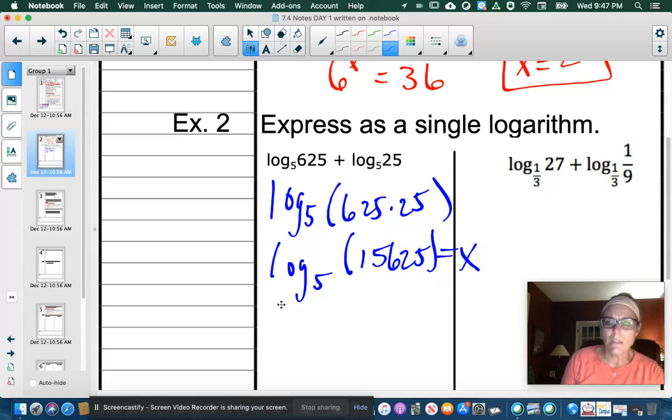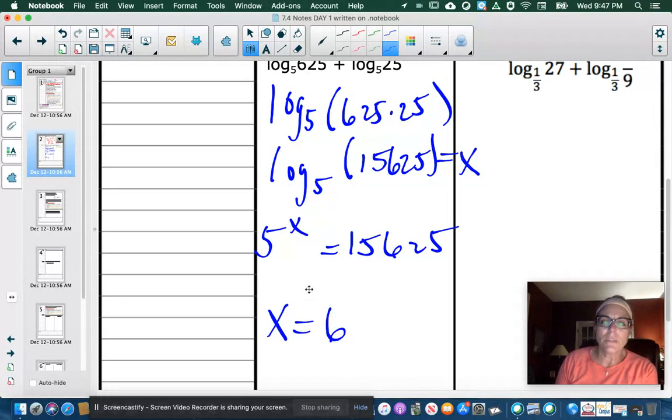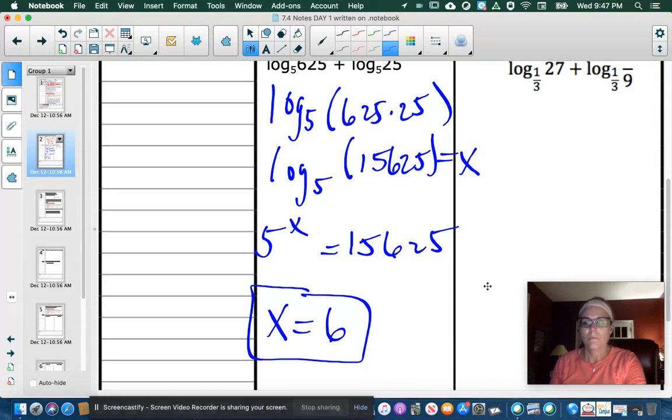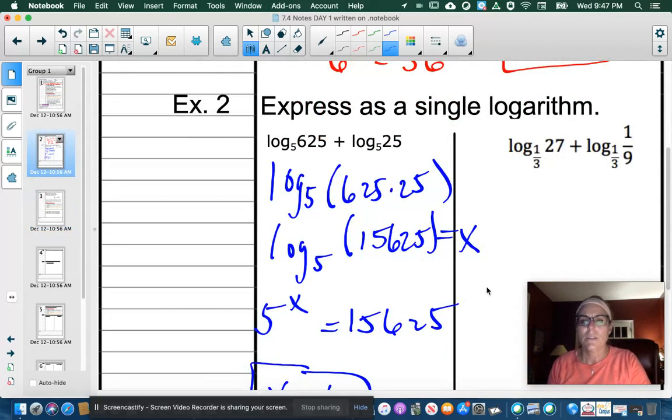Set it equal to x. Change to exponential. 5 to what power is 15,625? That's x equals 6.